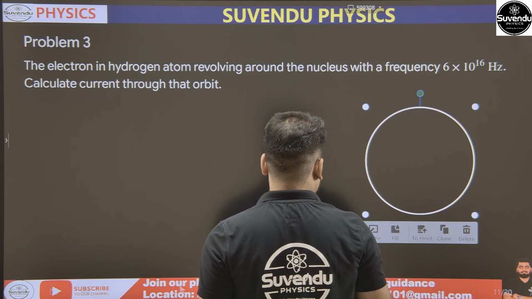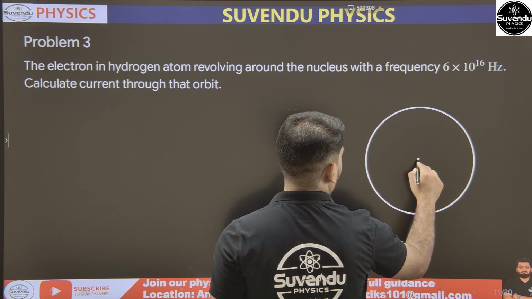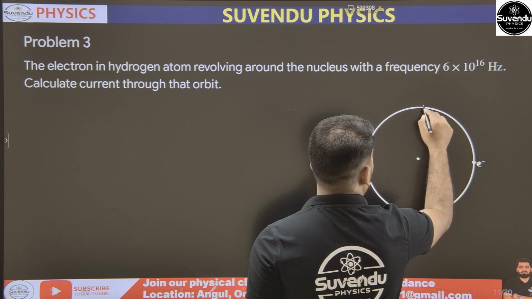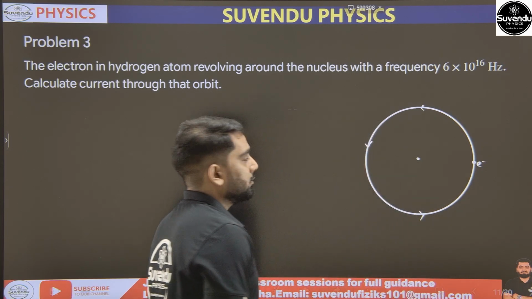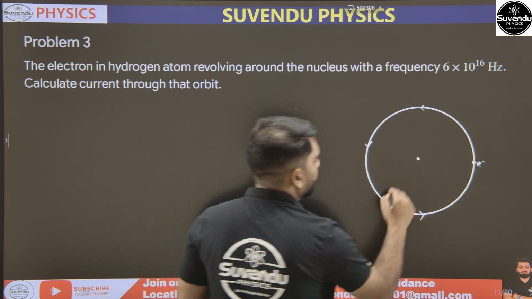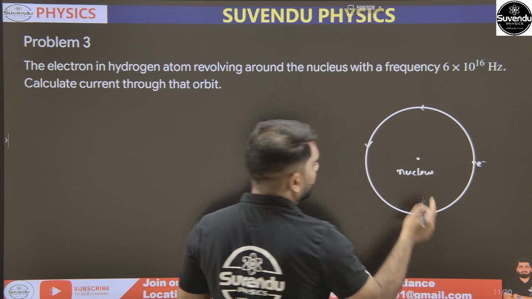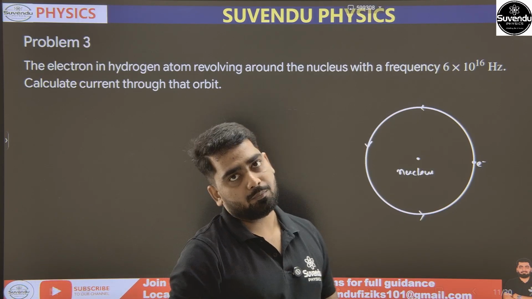This is our nucleus, and the electron is orbiting in this orbit around the nucleus. As the electron is revolving, the time taken to complete one revolution is called the time period.